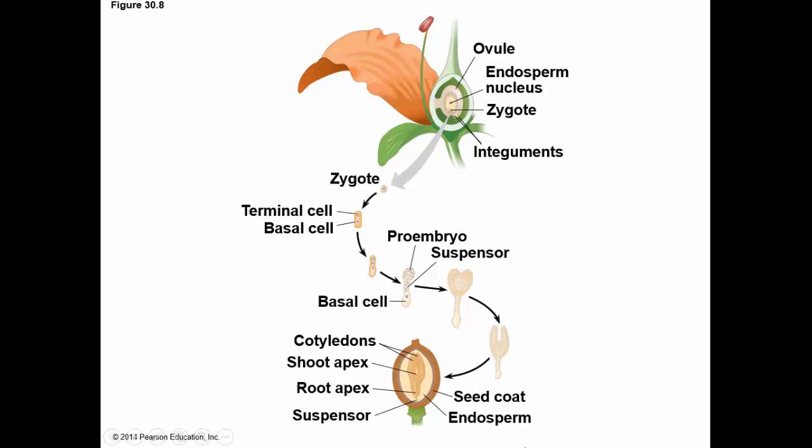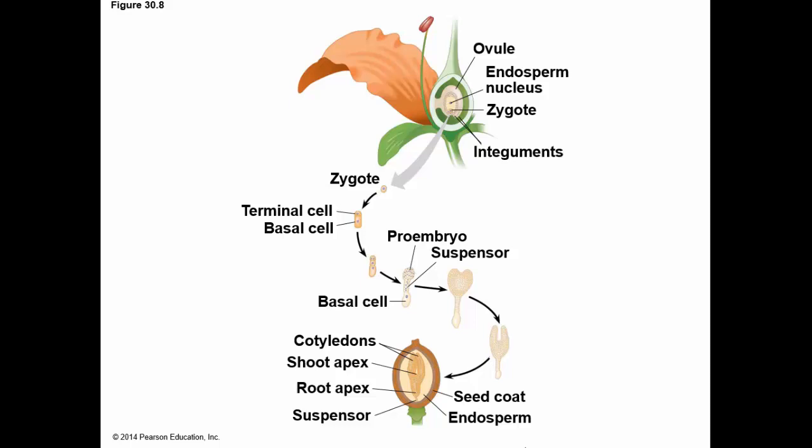And eventually, the flower begins to deteriorate and wilt away. That seed coat is so good at protecting the developing embryo that it is possible for the seed to shed lots and lots of water and enter a state of dormancy.